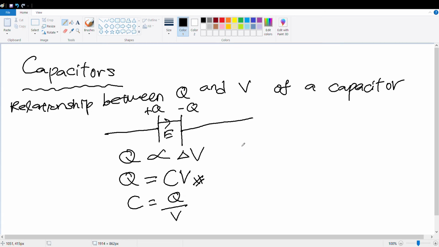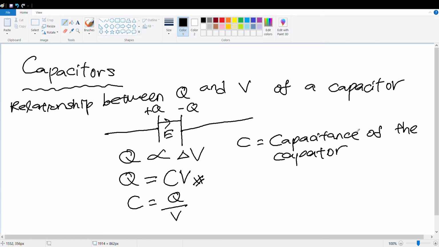So what does C mean? C means the capacitance of the capacitor.